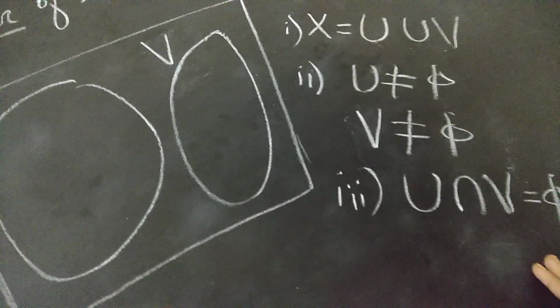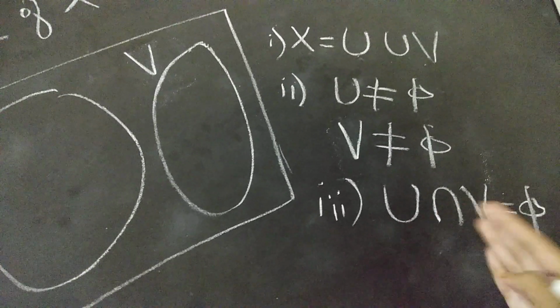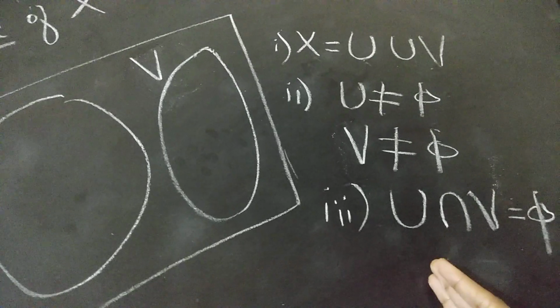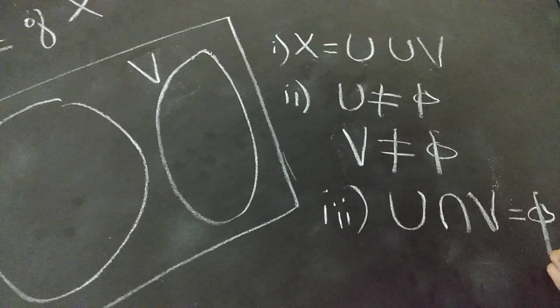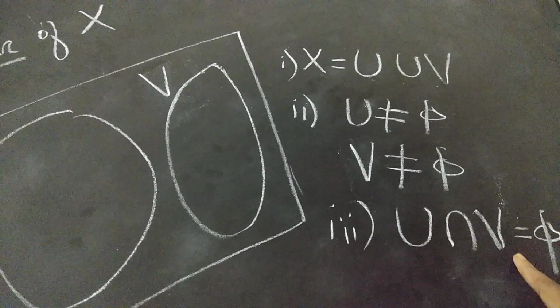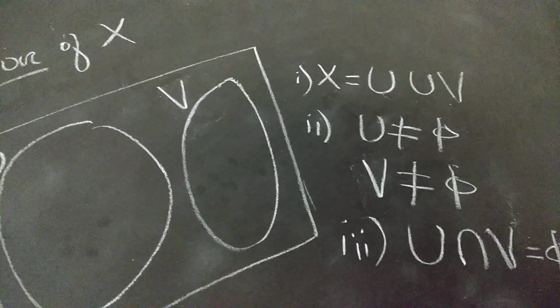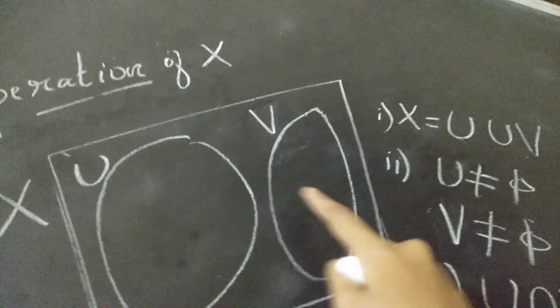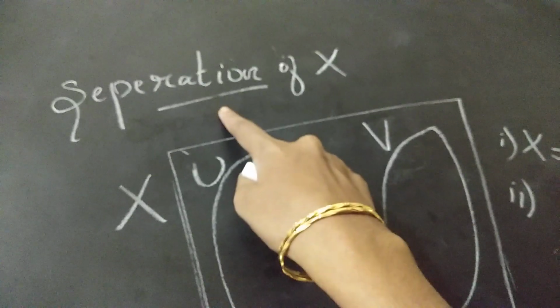So the third condition is when you find the intersection of these two open subsets of X, you will get empty. It means you don't have any common elements in U and V. If these conditions are satisfied, then you can say this U and V are a separation of X.